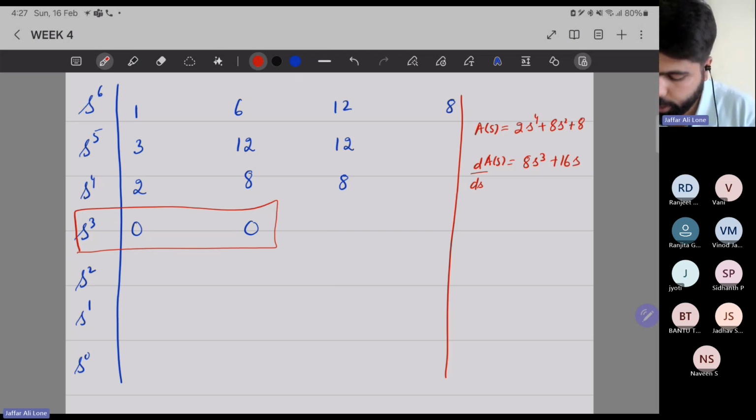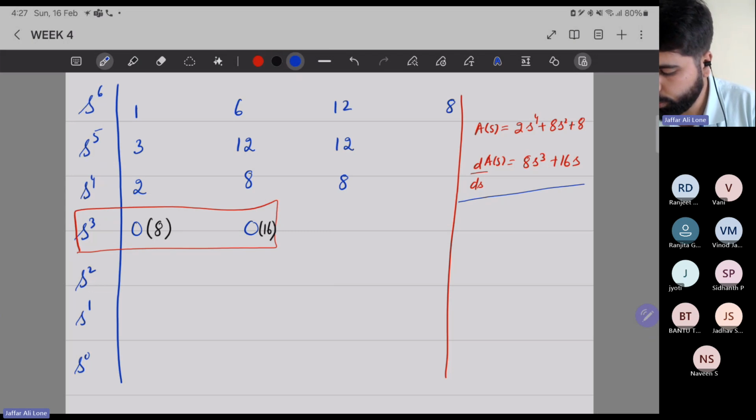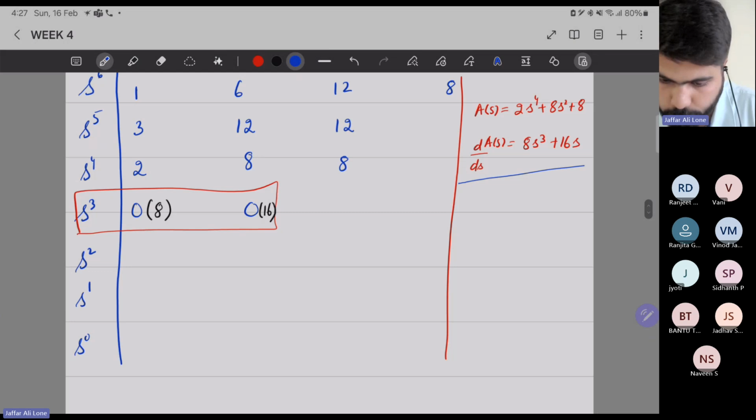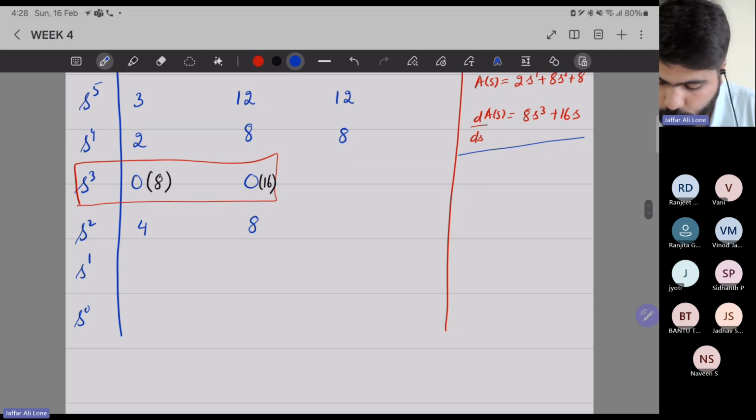So it will be 8 and it will be 16, correct? So this gives me the values of the row of zeros. Then again for s2, I'll proceed, I'll get 4 and 8. Then for s1, I'll again get 0.